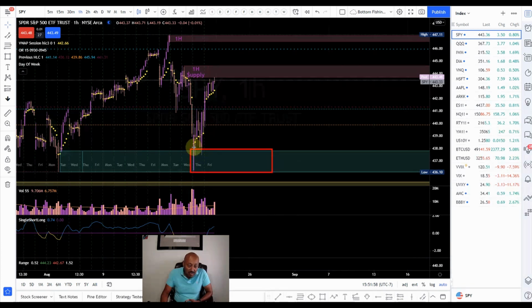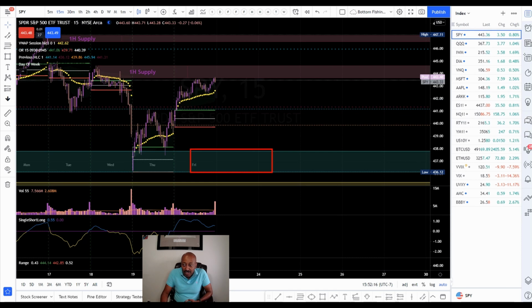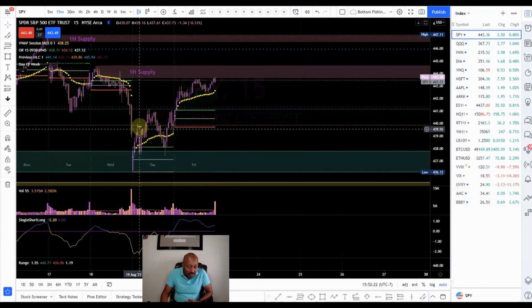And this demand zone, you know it because as I mentioned, price came back and did not let bears take charge. As soon as price comes back to that zone, bulls take charge. Price comes back to that zone, bulls take charge. And if you look at the 15-minute chart, you'll see that same story where about an hour and a half later, price comes back down.